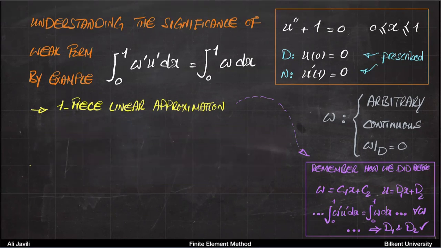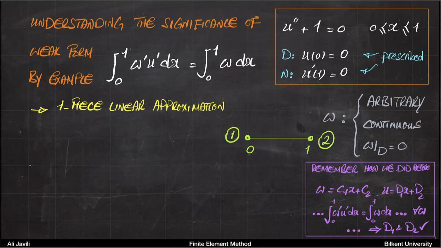We don't want to do it the purple way that is on the left-hand side. You have this domain from 0 to 1. 0 is your left node, 1 is your right node. Let's number them so that the left node is node 1 and the right node is node 2.